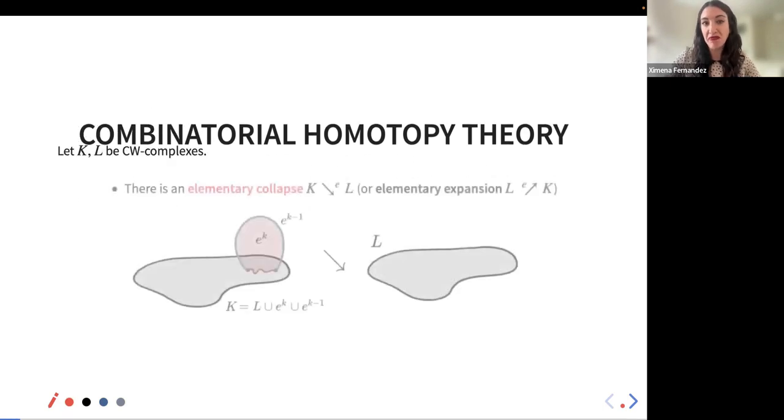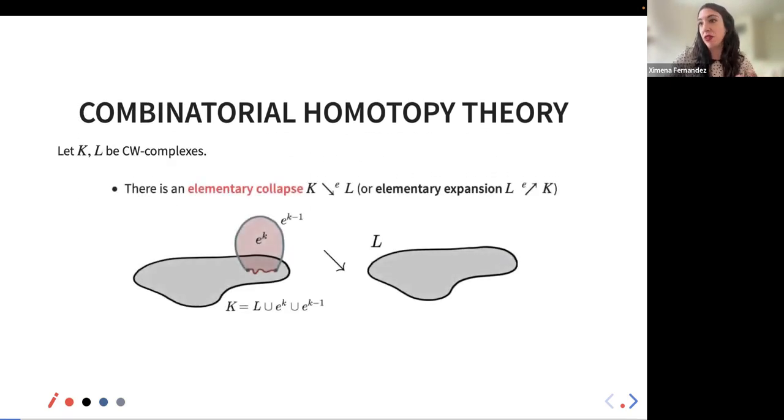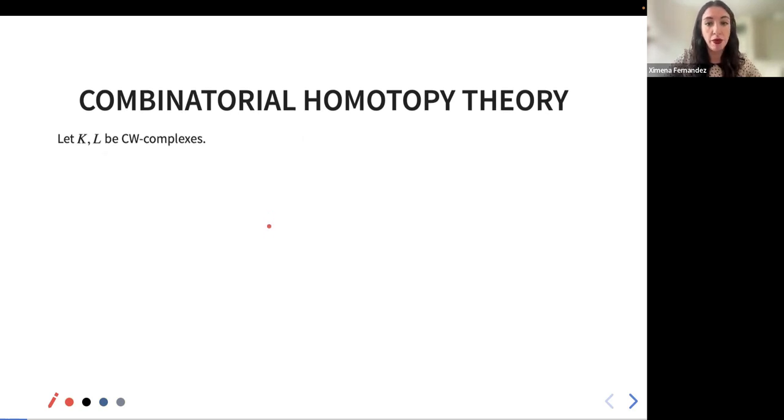A very foundational way to simplify the structure of a complex is the notion of collapse. If you have a CW-complex and you identify a pair of cells satisfying some conditions in terms of the attaching maps, so that one cell is a free face of the other, then you can perform the collapse. You simplify the structure of the complex and you don't change the homotopy type.